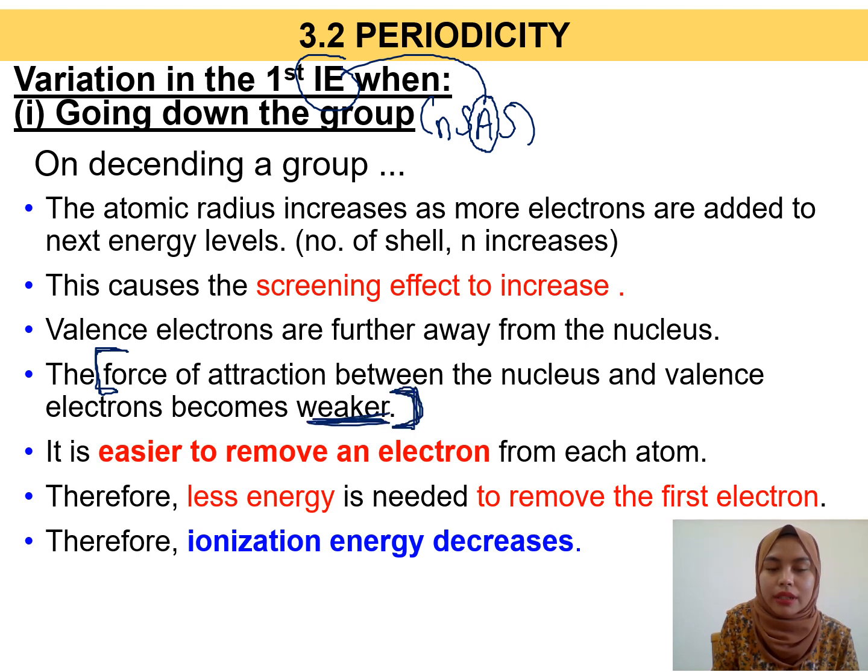When the force of attraction becomes weaker, is it easy or difficult to remove the electron? It is easy to remove the electron. When it is easy to remove an electron from each atom, you only need a little energy to remove the first electron. Because when we talk about the first ionization energy, we are talking about the removal of the first electron of the atom. Therefore, when you need only a little energy to remove the first electron, the ionization energy decreases.